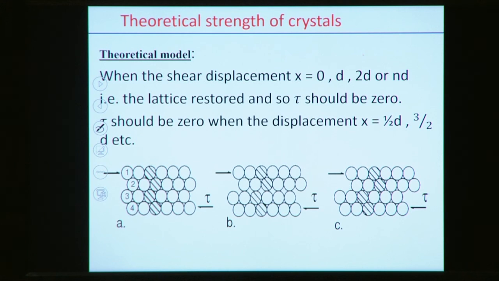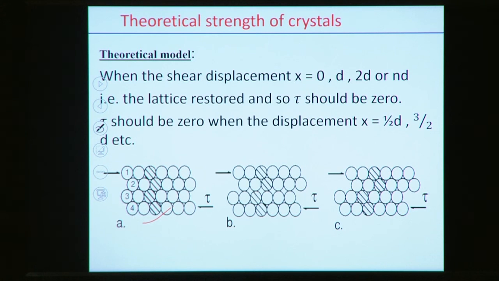We can consider one specific theoretical model, for example, this is the arrangement of the atoms. Now with the application of the shear stress, the position of the atoms changes or slip will happen. So after slip, the atoms will take the new equilibrium position.